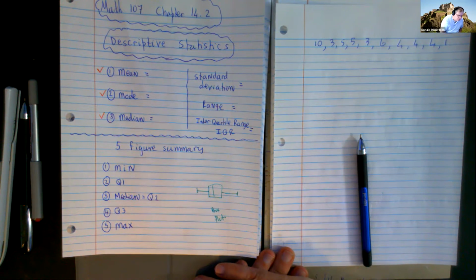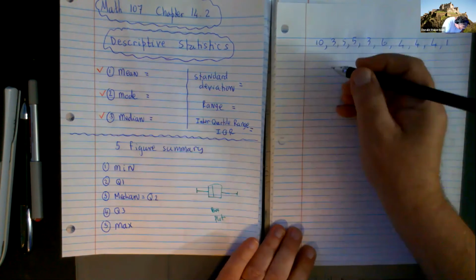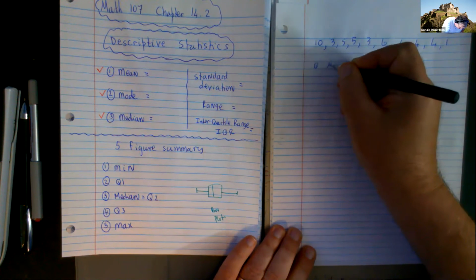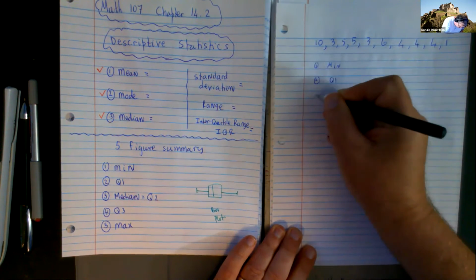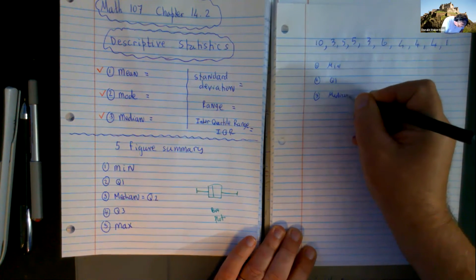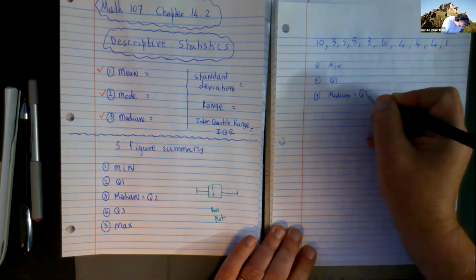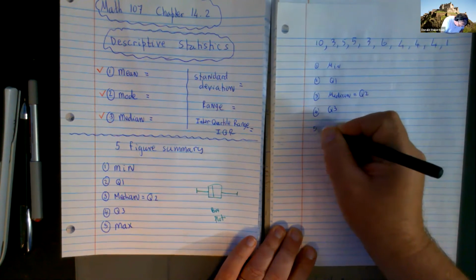Nah, wouldn't be practical. So we are going to do a 5-figure summary. So we're going to get the minimum, a guy called Q1, a guy called the median, which we already know about, who's also sometimes called Q2, a guy called Q3, and the guy called maximum.